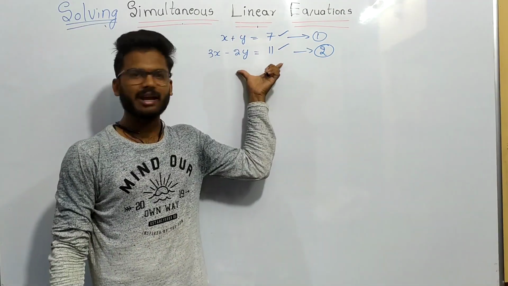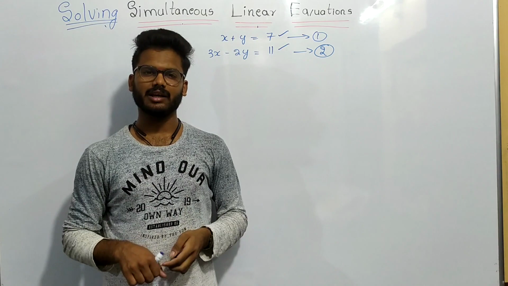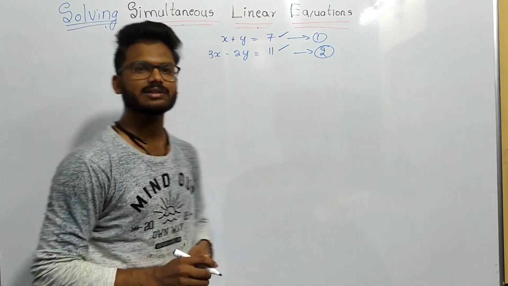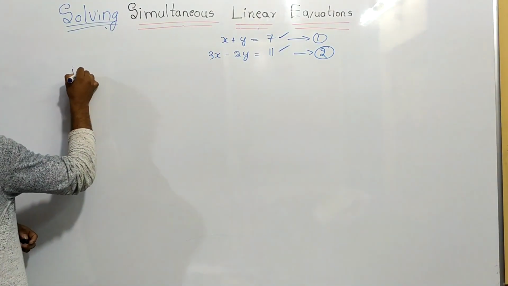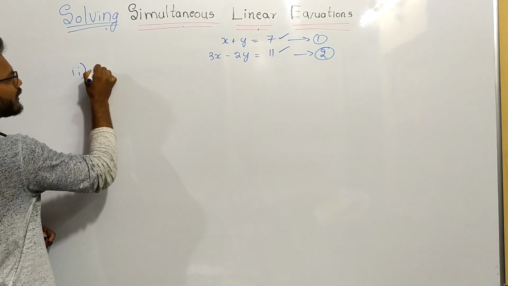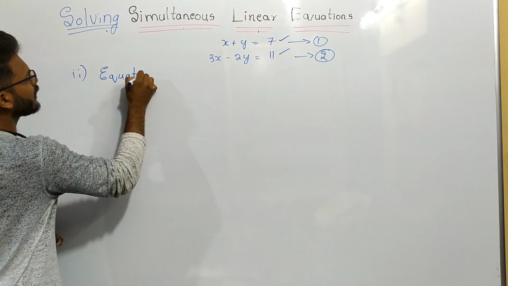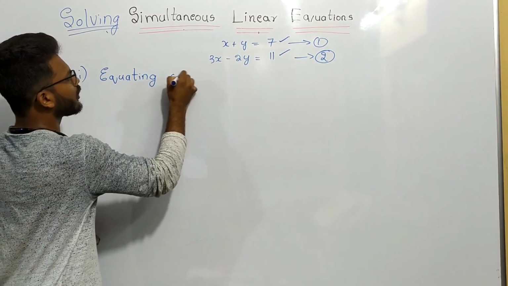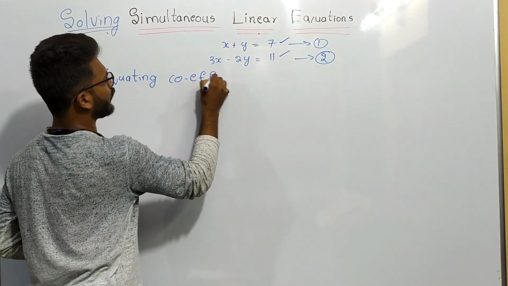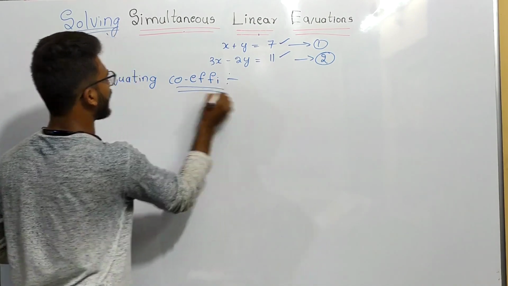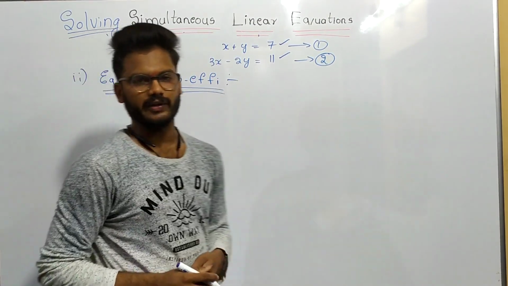Now for the same equations, let us see by solving the second method. What is the second method? Second method is elimination by equating coefficients.